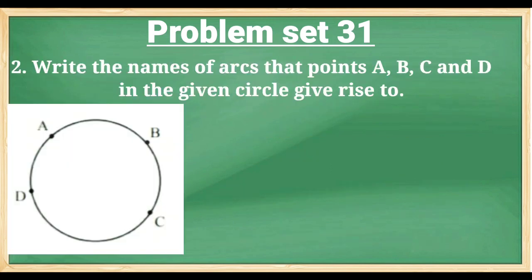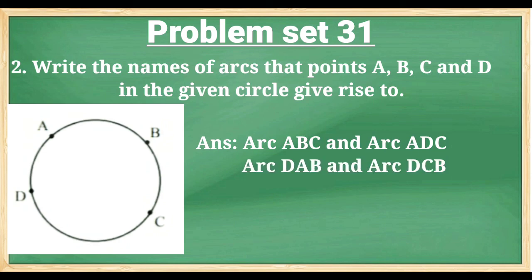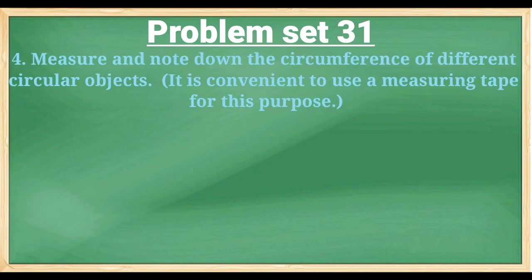In the next circle, you are provided with the points A, B, C and D. Making use of those points, you have to write down the number of arcs that can be formed in this circle. So the arcs that these points will give rise to will be arc ABC and arc ADC, arc DAB and arc DCB.